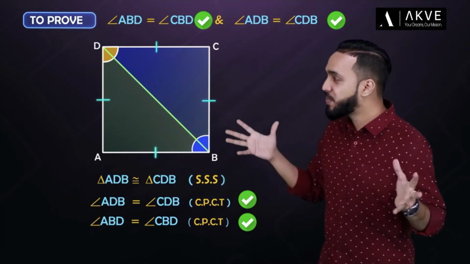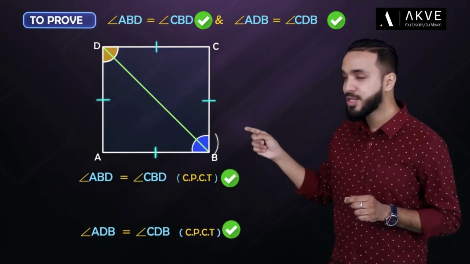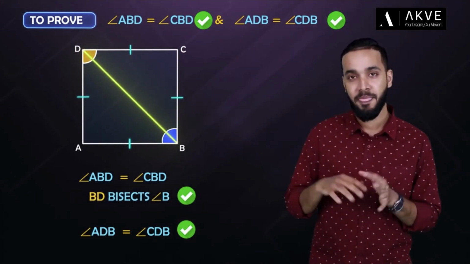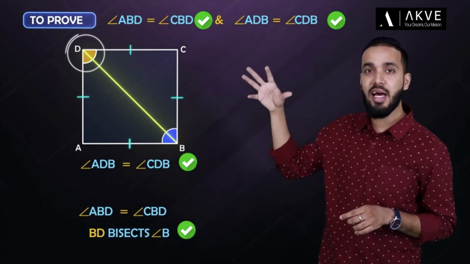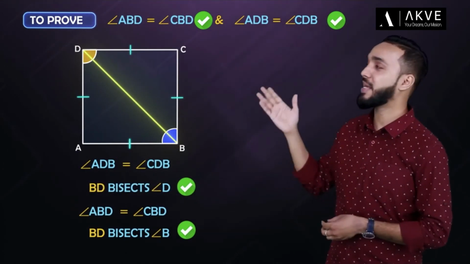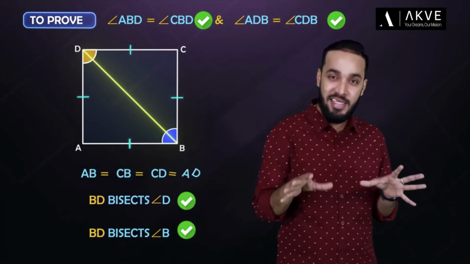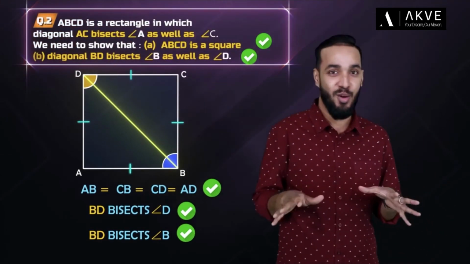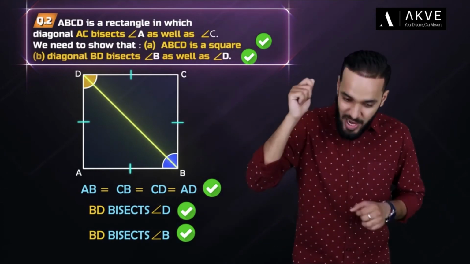So now, it's pretty evident that since these two angles are equal, BD bisects angle B. And since these two angles are equal, BD bisects angle D as well. See, we just proved both the parts of the problem. So, we can safely say that we nailed it.